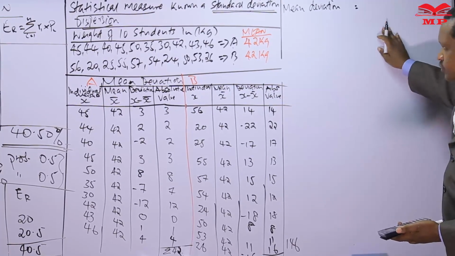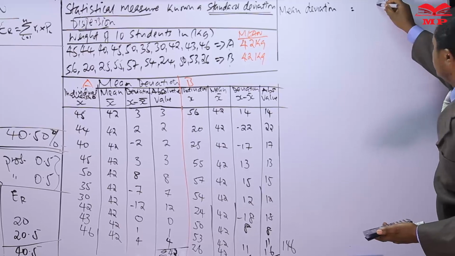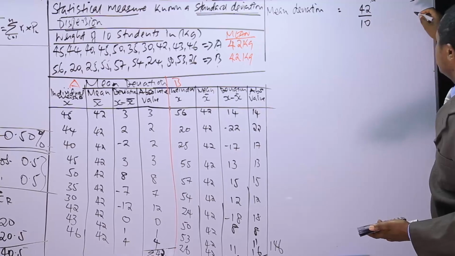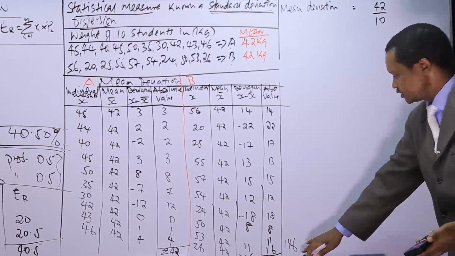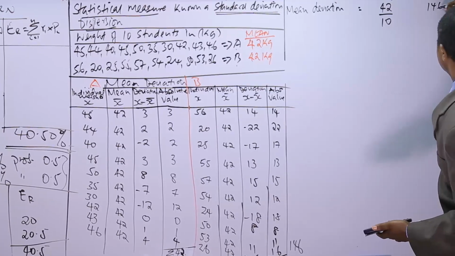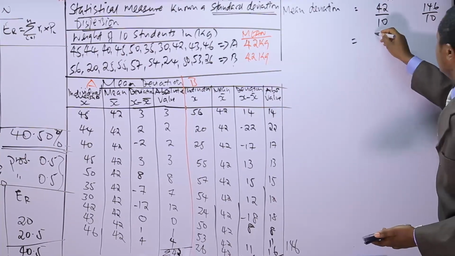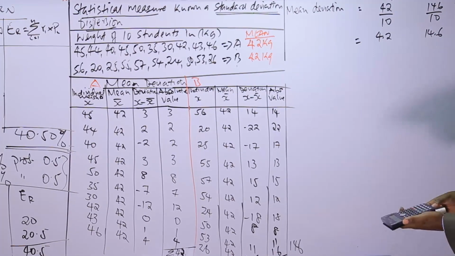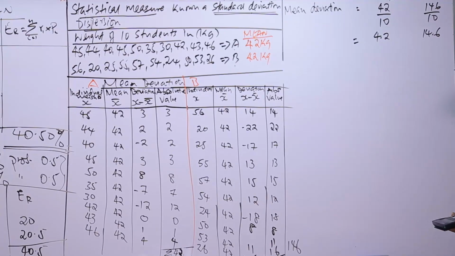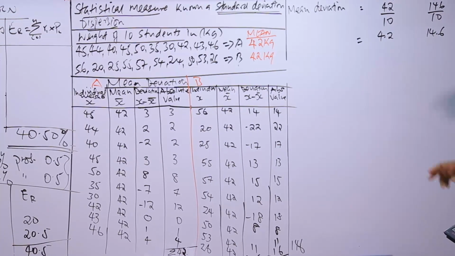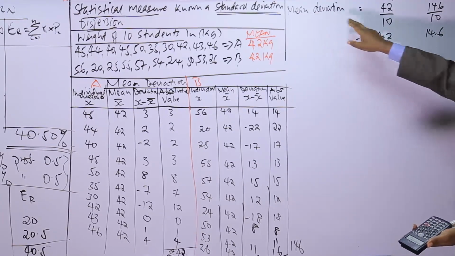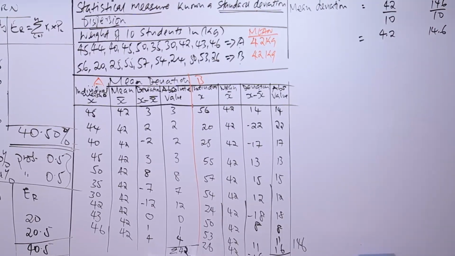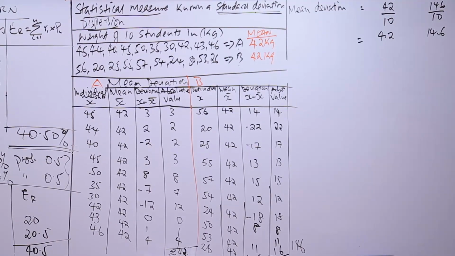So for class A, 42 divided by 10, and the other one is 146 divided by 10. This gives you 4.2 and 14.6. That is the mean deviation for class A and class B.